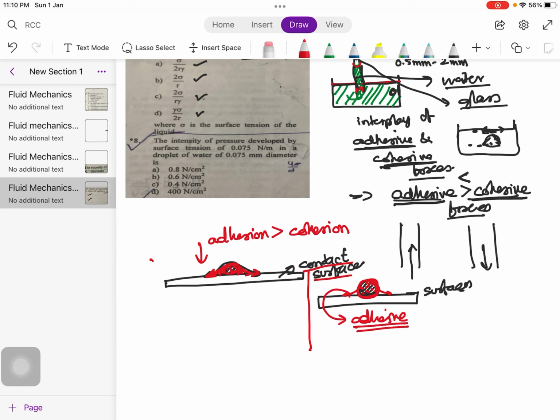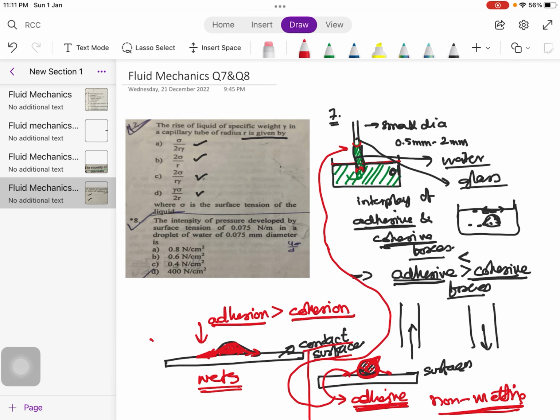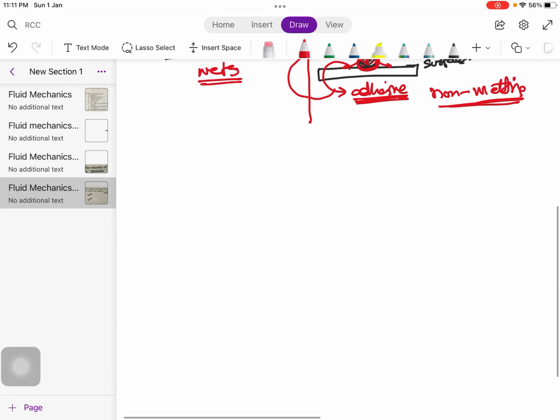While in the other case, the liquid wets the surface. So when adhesive forces are greater than the cohesive forces, the liquid wets the surface. And when the cohesive forces dominate the adhesive forces, the liquid does not wet the surface. A similar kind of phenomenon is played out when a liquid tries to rise or fall in a capillary tube.